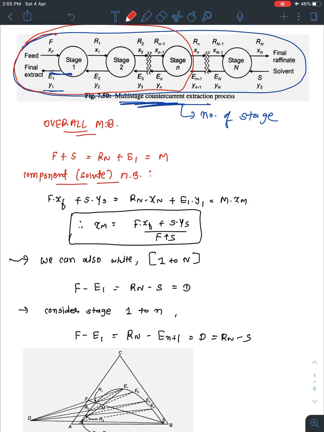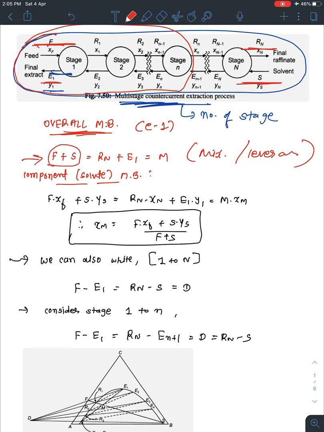Now let's first go for the overall material balance for envelope 1. That is F plus S equal to Rn plus E1. F plus S equal to Rn plus E1, and by the mixture rule or lever arm rule, when we add this feed and solvent, we have a mixture M, which is equal to Rn plus E1.